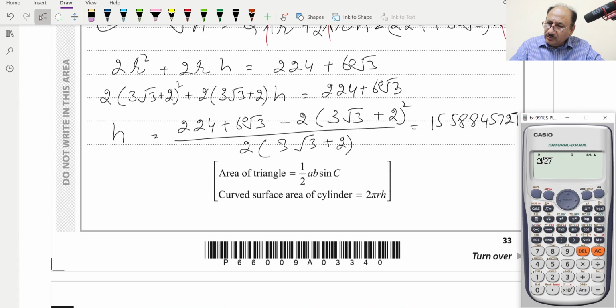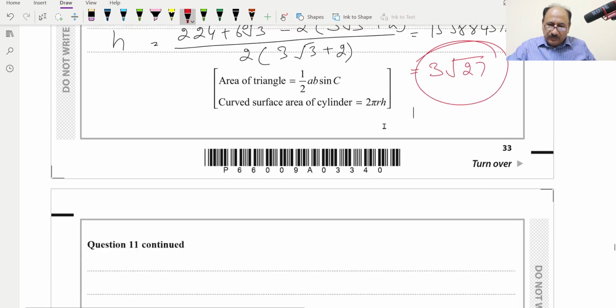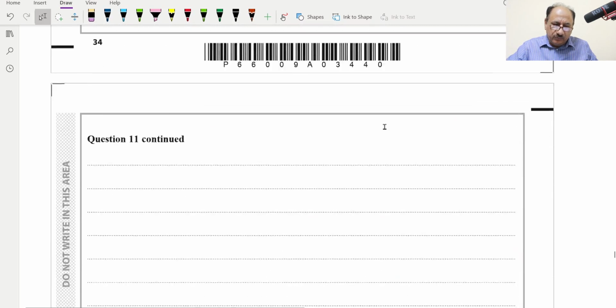So we can try a bigger number, which is 3 under root 27, and you can check the decimal value. This is matching with the calculator numbers, 15.58845727. It is exactly the same, so we can write 3 under root 27. This will be the answer in the required format. Basically this is done.